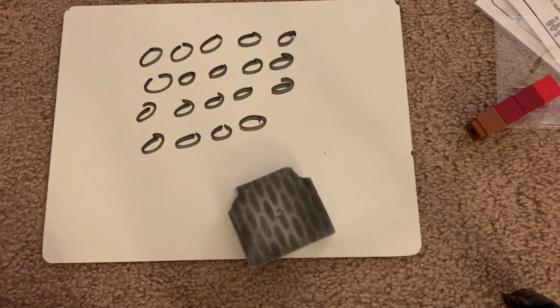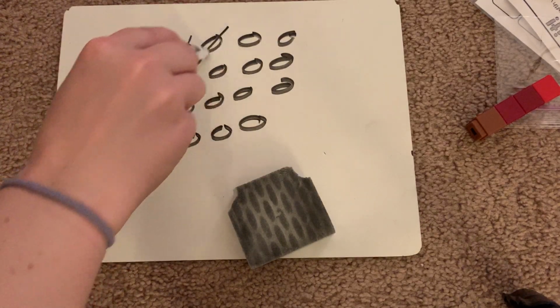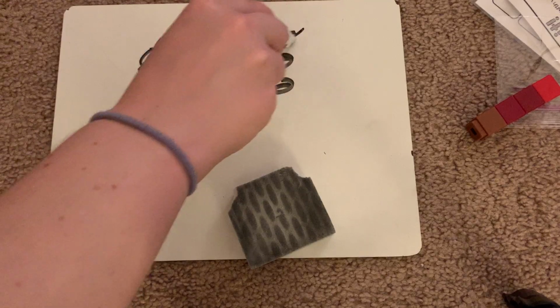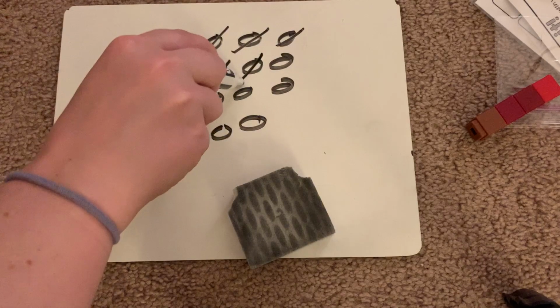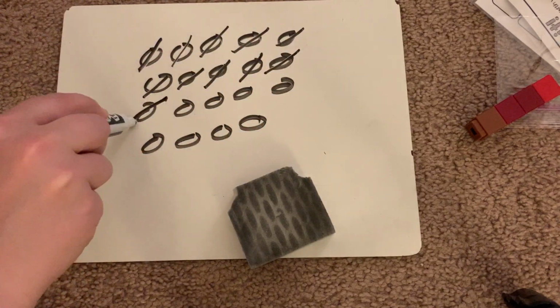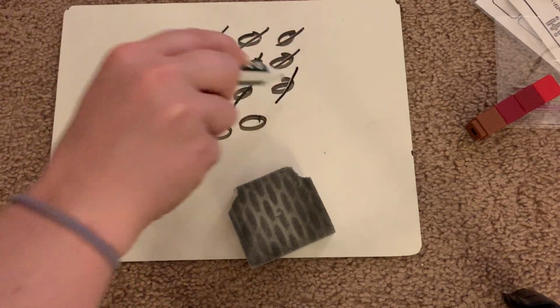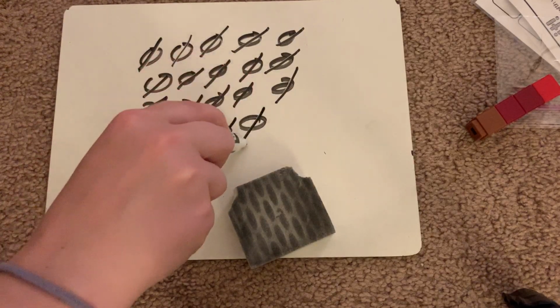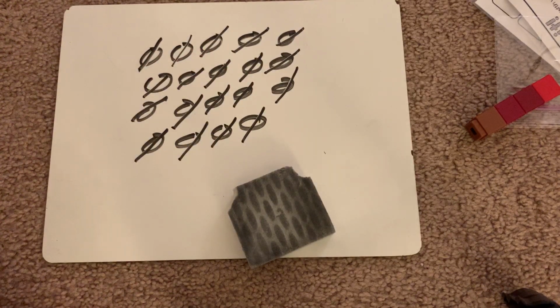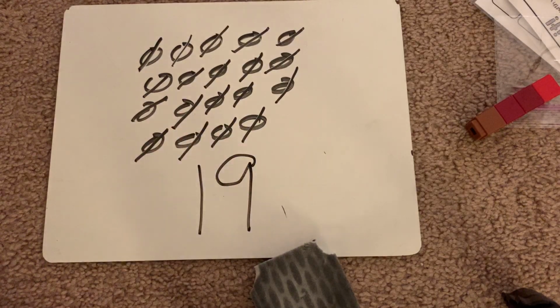So that's the strategy I'm going to use to help me keep track. 1, 2, 3, 4, 5, 6, 7, 8, 9, 10, 11, 12, 13, 14, 15, 16, 17, 18, 19. So write the number 19. 19 would be a 1 and a 9.